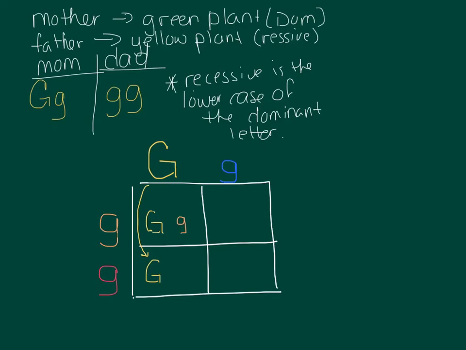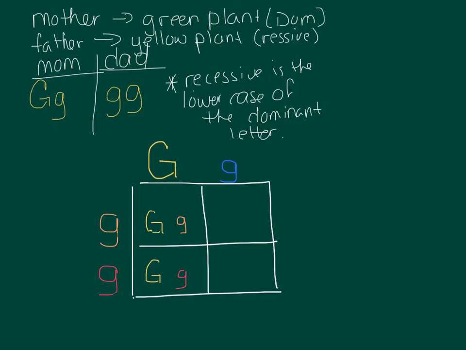I have big G. Now instead of the peach colored g, I've got the red colored little g, but I still have big G, little g. So it's just a down and across, down and across, down and across.